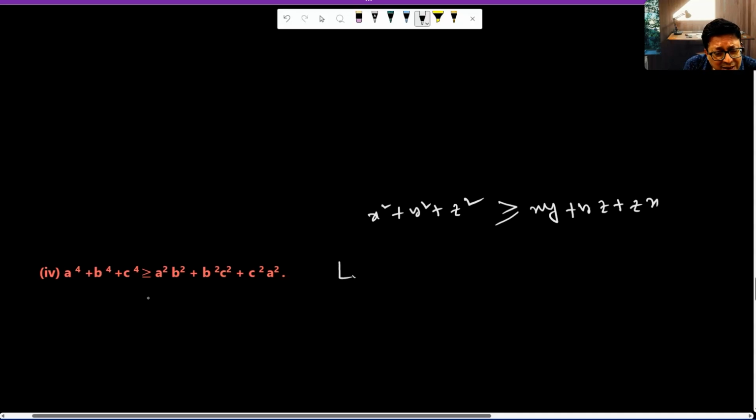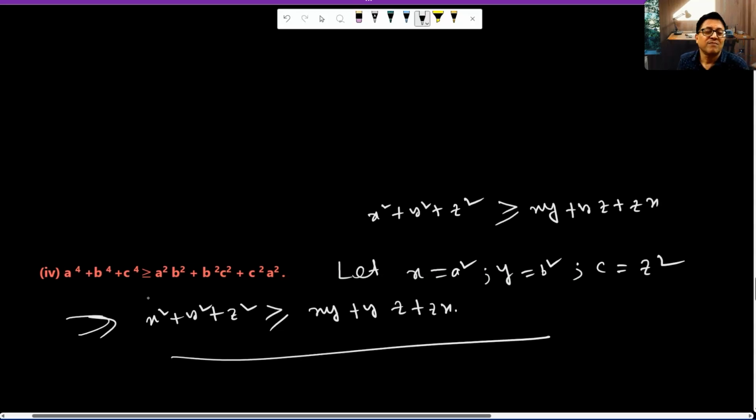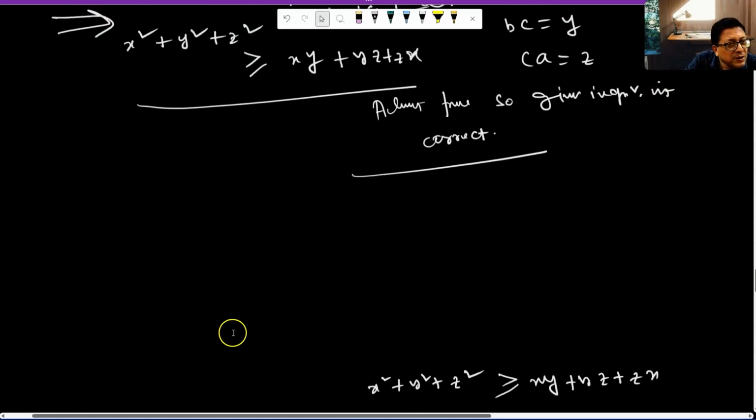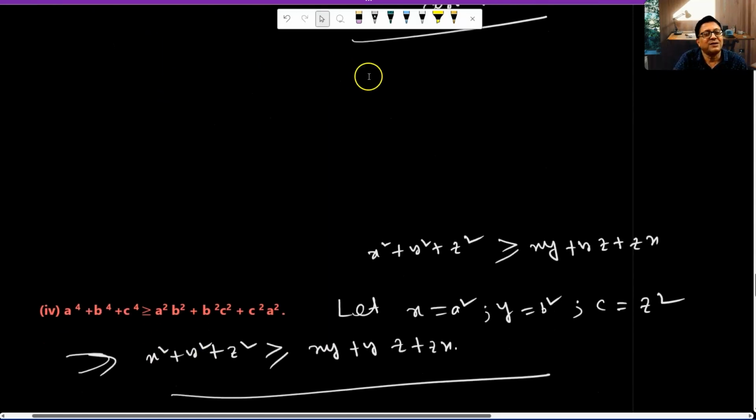This time you take let x equal to a square, y equal to b square, z equal to c square. This implies this we are going to prove, but this is already proved. So this inequality is true. As this proof we have done correctly.